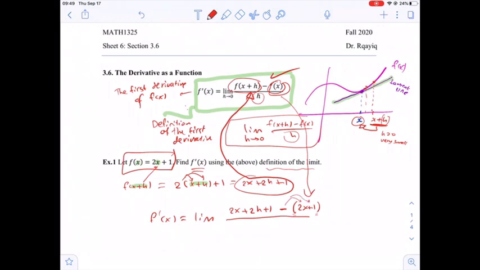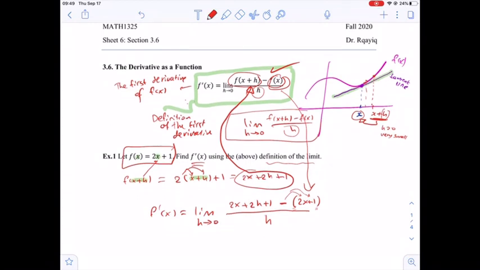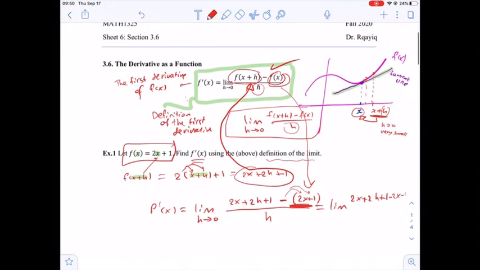The negative sign comes with 2x and with 1. It's for both of them. Then we divide by h, and h approaches 0. Now we have a limit problem. We can simplify the numerator. We have 2x plus 2h plus 1. Now we distribute the negative sign over the parentheses, and we get negative 2x minus 1, over h, as h goes to 0.